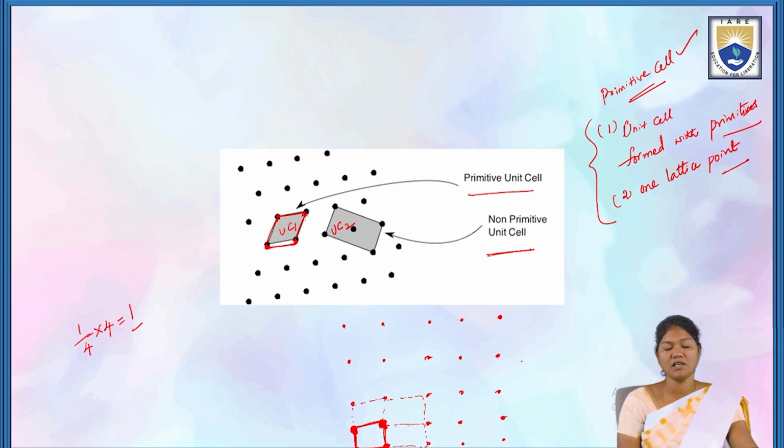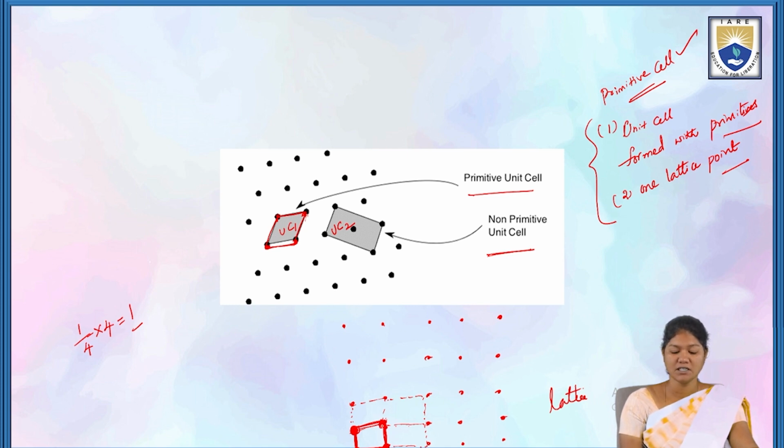So I'm taking a plain lattice. In this, a smallest unit cell is formed by combining the 4 lattice points. So these 4 lattice points are shared with other 4 unit cells, one upside, one backside, one beside.